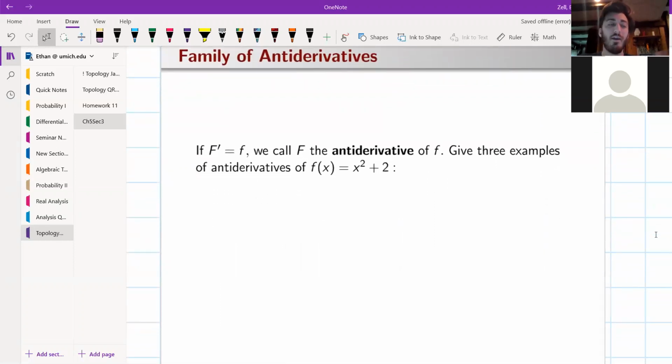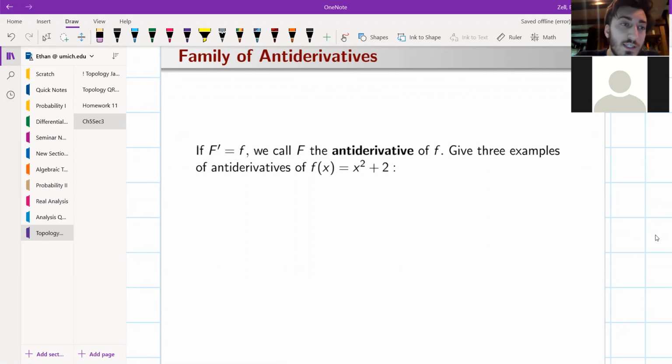So first off, the key fact about an antiderivative is that it's a family of antiderivatives. There's not just one for any function f, and I'll give you an example. The defining factor is that the derivative of your antiderivative is your original function. So big F prime is little f, in other words.